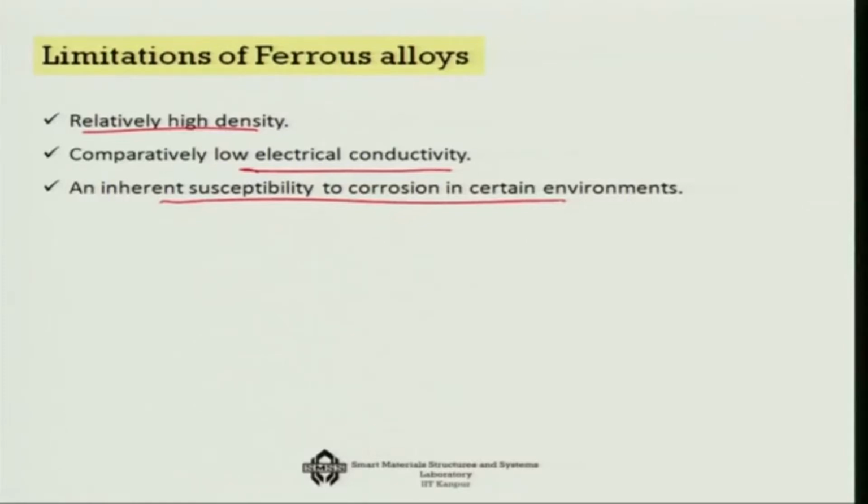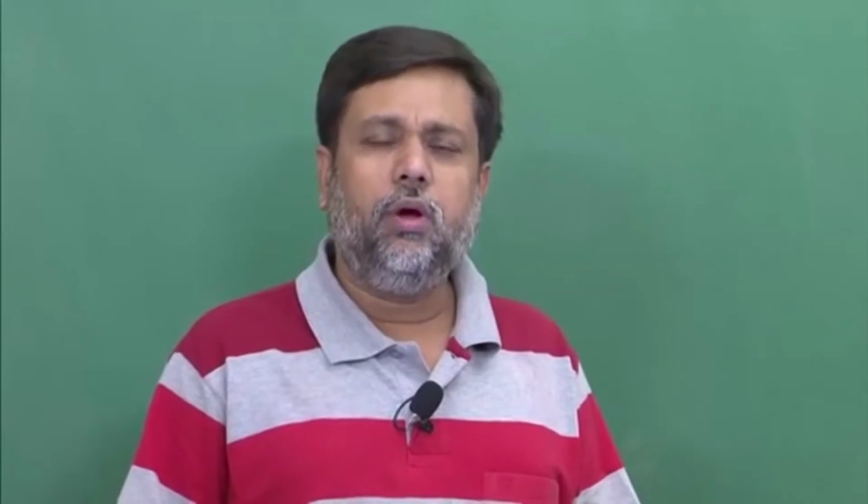Take this Coke can example: Coke is highly acidic. If you put Coke on a ferrous material, you would see how it gets corroded with time. But this particular aluminium alloy composition has very good corrosion resistance. So, density, electrical conductivity and corrosion resistance are some of the important reasons why one has to go for non-ferrous alloys.